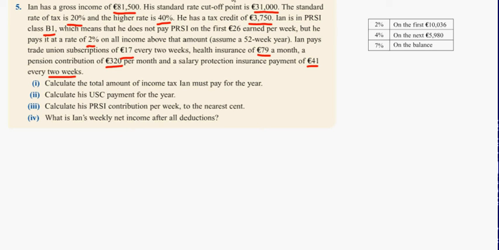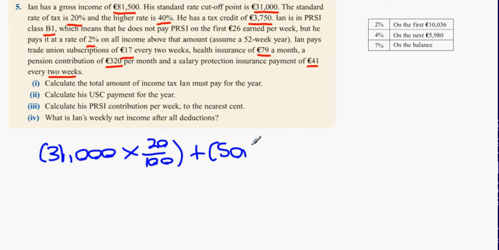Okay, so what we're going to do is 31,000 multiplied by the standard rate of 20%. Then he also earns 50,500 above this rate, because 50,500 plus 31,000 gives you 81,500, and he pays that at 40%.